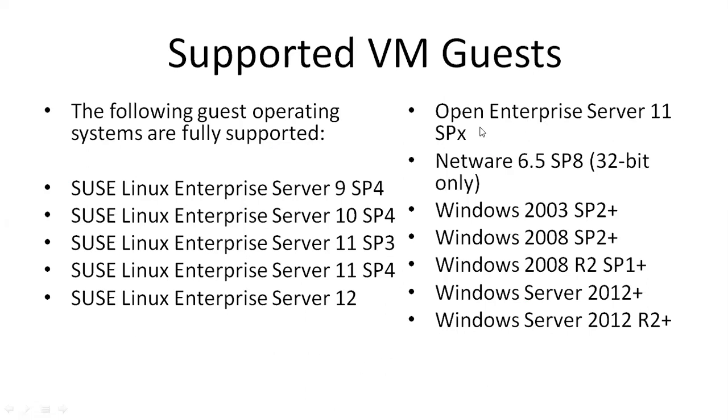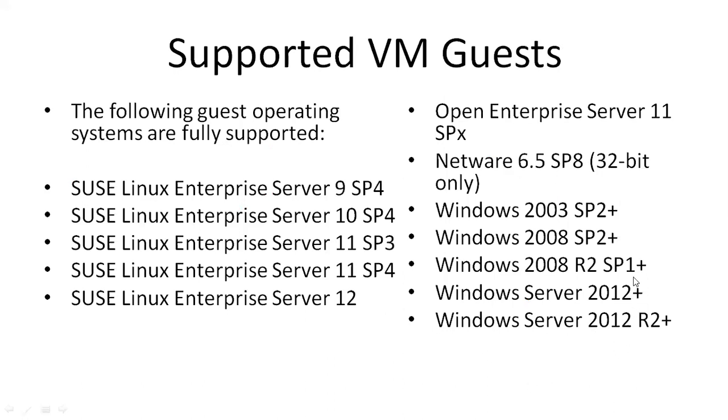And then Open Enterprise Server, the German based SUSE Linux operating system, SUSE being a German based company. And then Open Enterprise Server 11, and NetWare 6.5. These are all supported virtual machine guest operating systems.